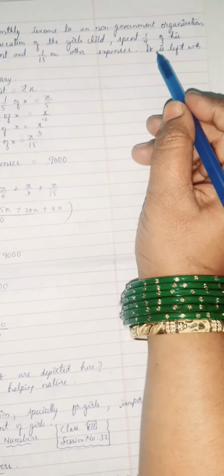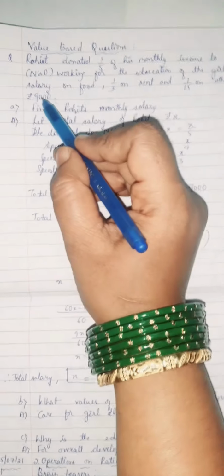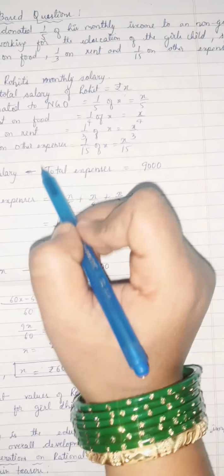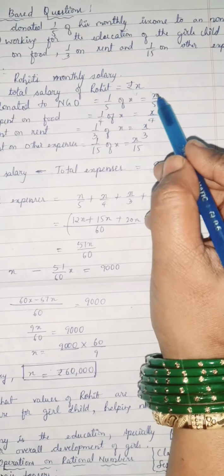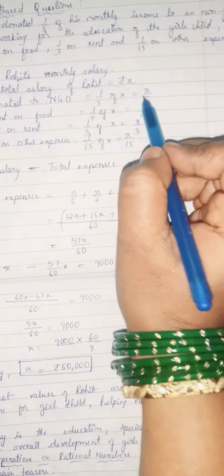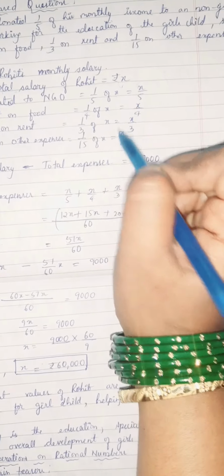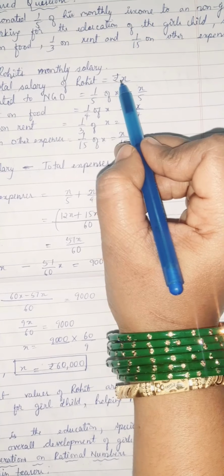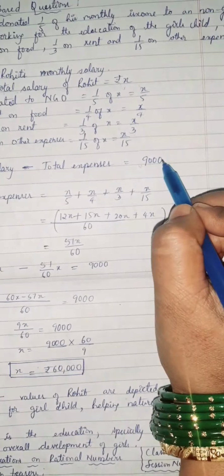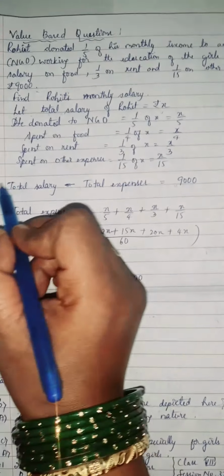Now he is left with rupees 9000. The total salary is X and the total expenses are these. Now when we take out the total expenses from the total salary, we get 9000. So we have to form a statement, children.